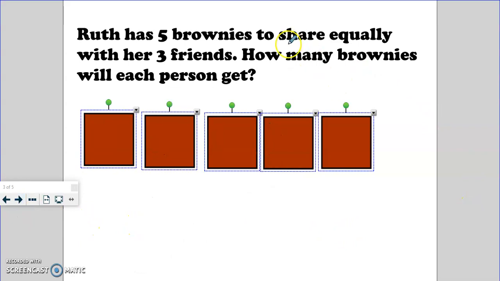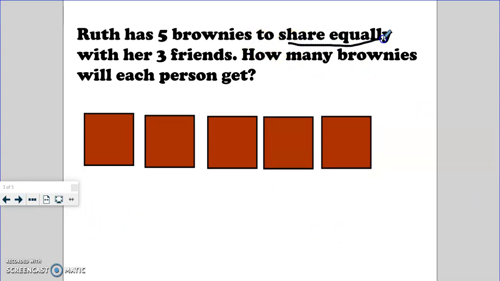Ruth has 5 brownies to share equally with her 3 friends. How many brownies will each person get? Ruth is 1. She has 3 friends. So we are sharing it among 4 people.